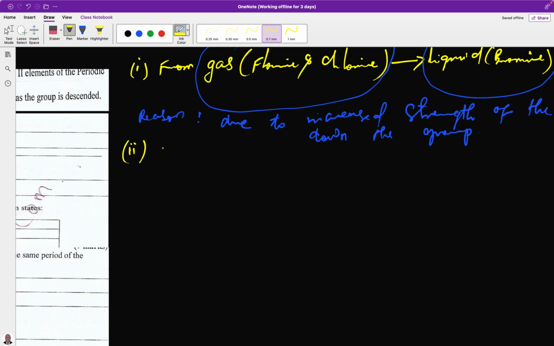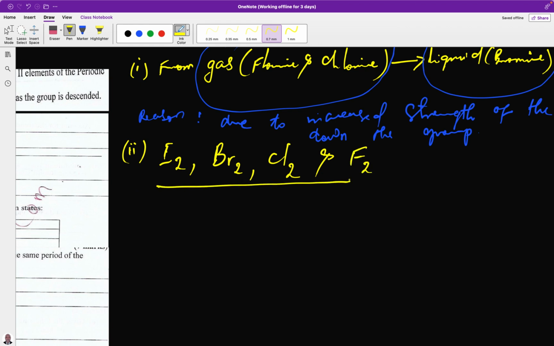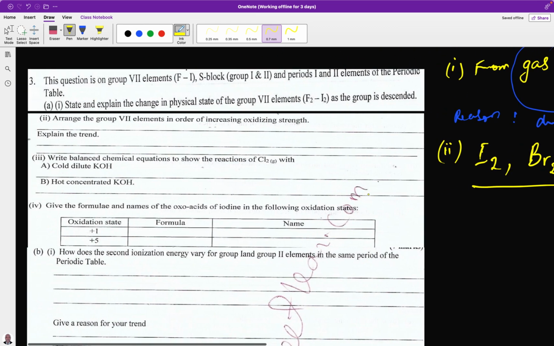And the lowest is iodine, followed by bromine, followed by chlorine, and finally fluorine. So this is an increasing order of the oxidizing strength.